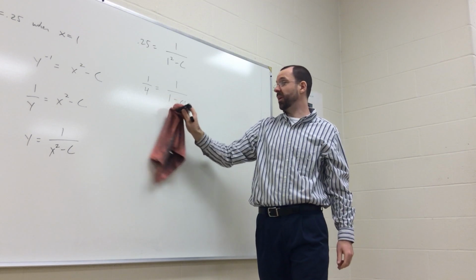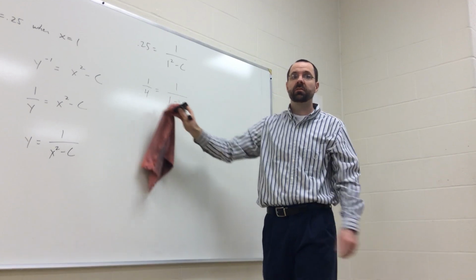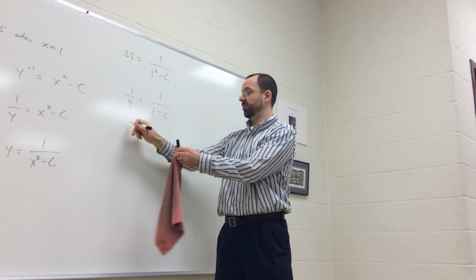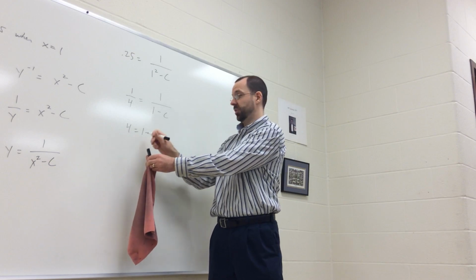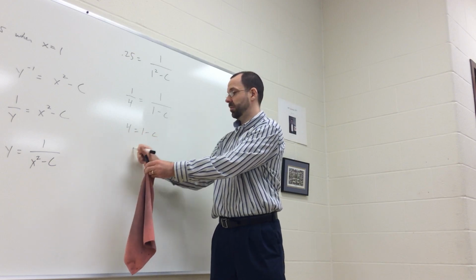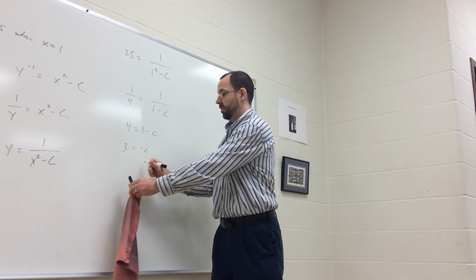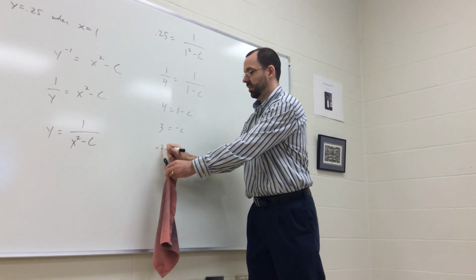So then the 1 minus c has to equal 4 if those two fractions are going to be equal. So then you subtract the 1. So then you figure out that c is -3.